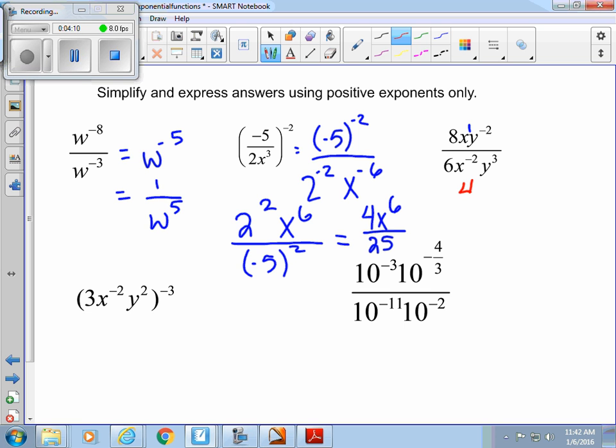And then 1 minus negative 2. What is 1 minus negative 2? So that's x cubed. And what is negative 2 minus 3? Negative 5. If you were working this, you're welcome to skip that step. So this is 4x cubed over 3y to the 5th.